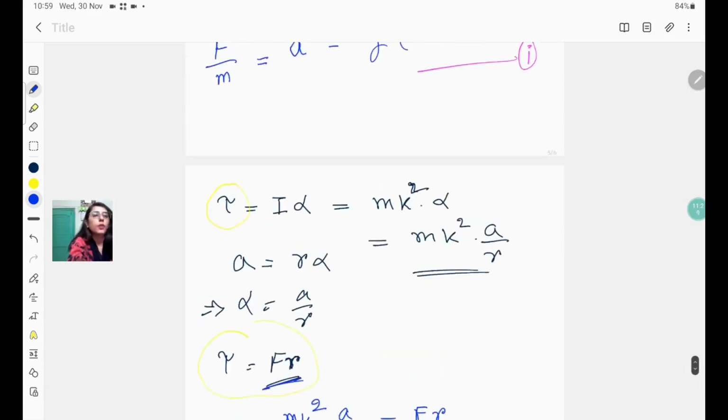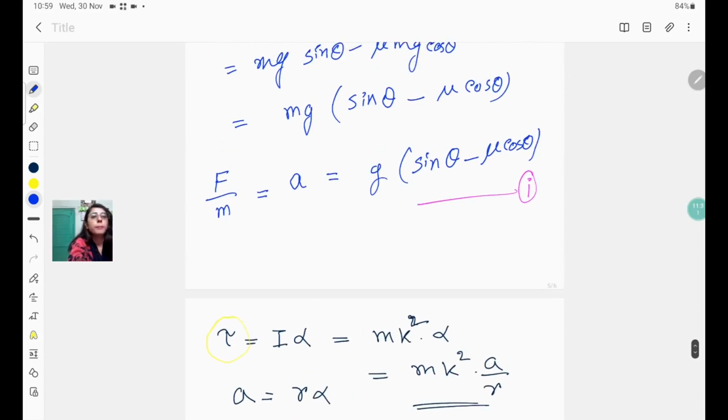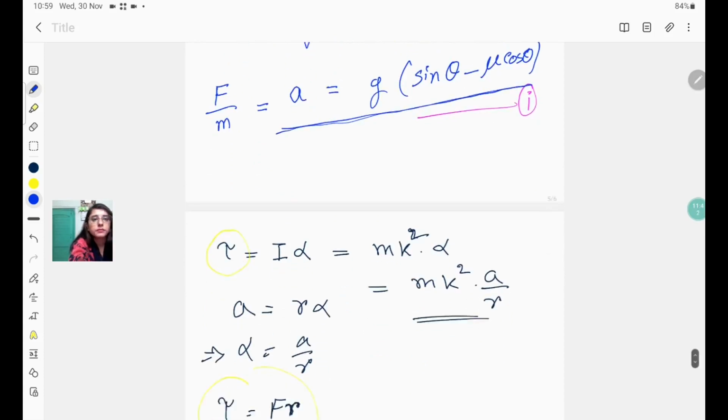Now what is A? From this equation we already found the value of A, that is g sin theta minus mu cos theta.